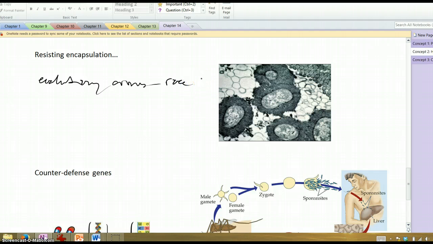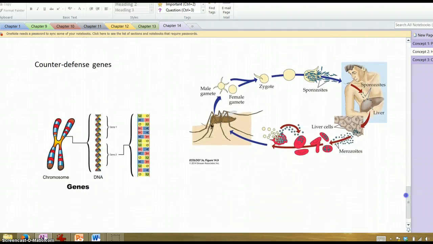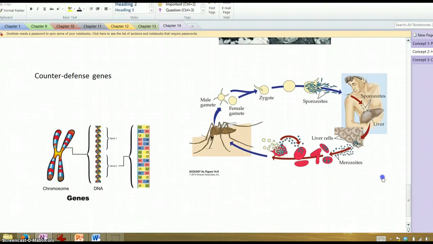Well, essentially, coevolution of these pathogens and hosts can lead to response and counter response in host and pathogen to try to keep from being parasitized and also make it such that the parasite can still take advantage of the host. And this, of course, involves genes, the genetic constitution that we have, and so you can get selection for particular genes that can allow the pathogen to access their host.